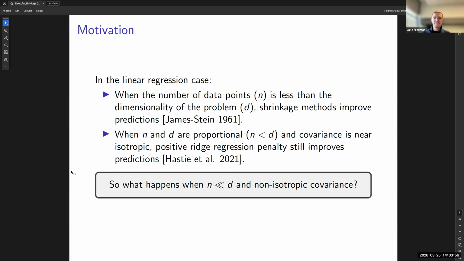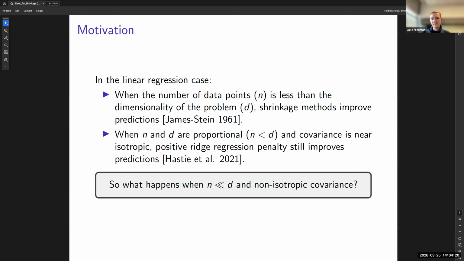When the number of data points is more than the parameters, it's a pretty well known problem. In fact, there are shrinkage type methods that we can use, like James Stein, to move our estimator, like our least squares estimator, closer to zero or some other point to improve the test error, the generalization error.